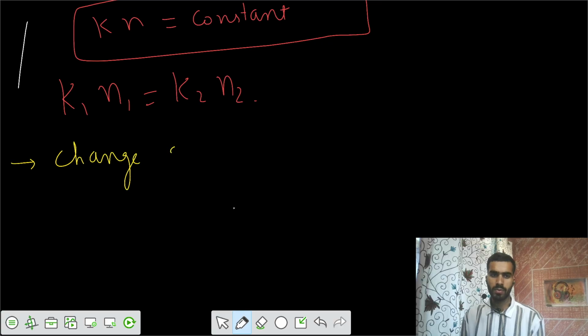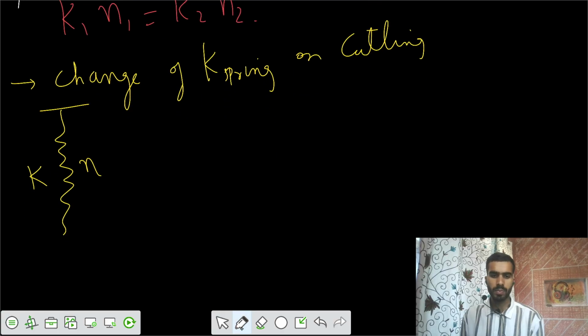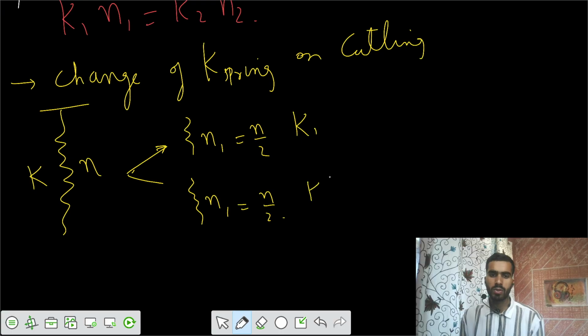There was a spring of n number of turns with stiffness K. Then you cut it into two equal halves, N1 and N1, where N1 equals N by 2. Here also the stiffness would be K1, and we don't know the value of K1.